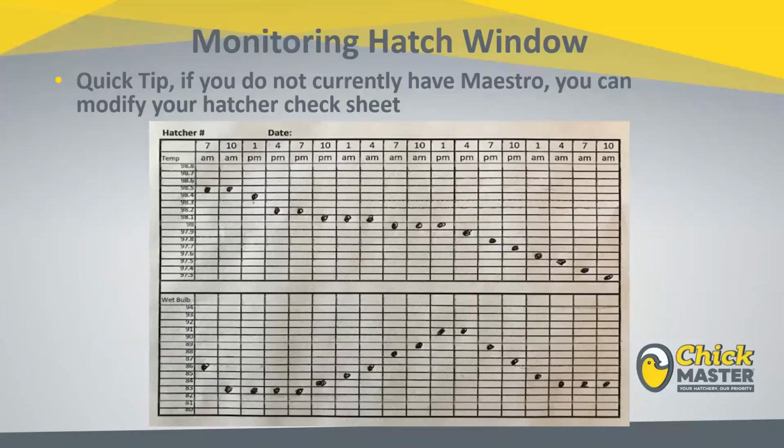And it's kind of interesting once you see the end result: you do have a very descriptive view of what your hatch window looked like, or your humidity curve, and it basically indicates what time your chicks first started pipping, when your peak occurred, and then how long it was from your peak to pull. And so this is a quick tip of being able to modify your sheets if you don't have any other means of doing this.